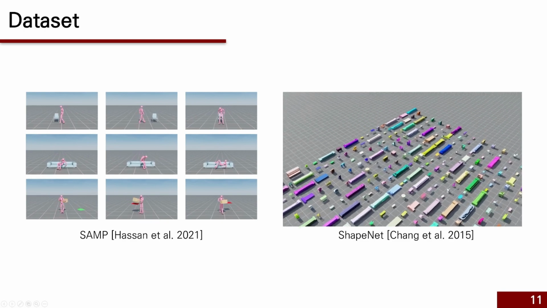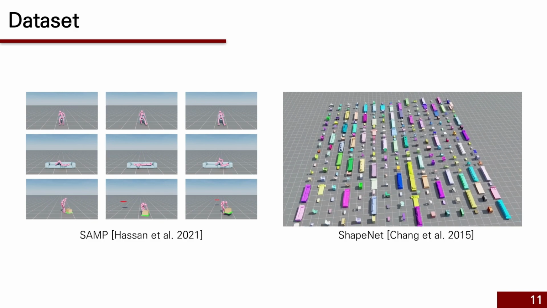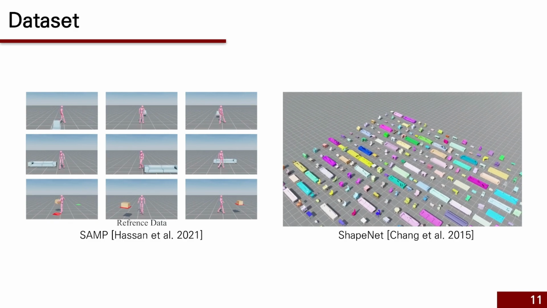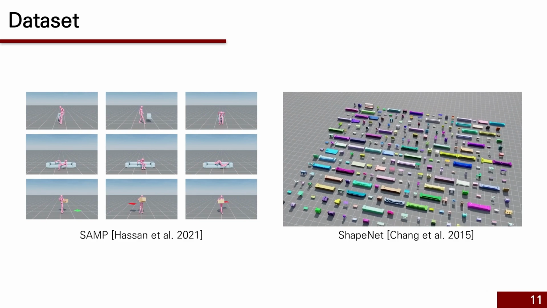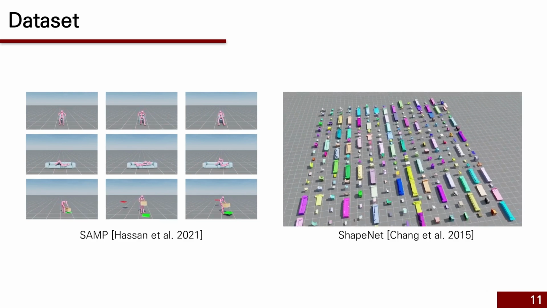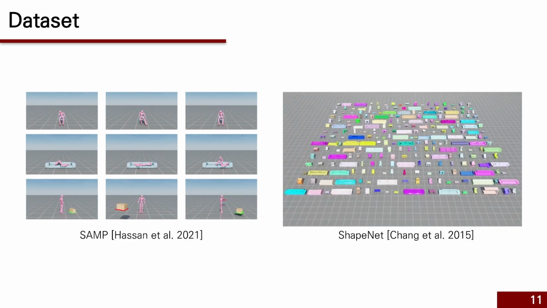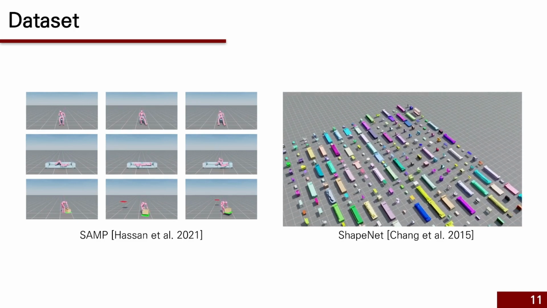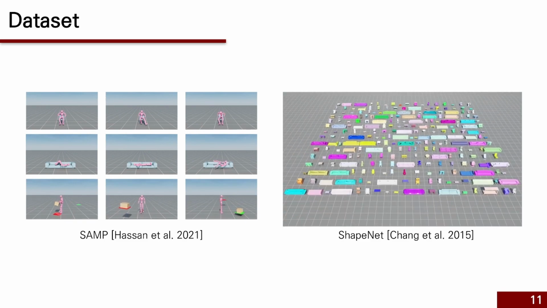To train the discriminator for natural motion, they use a human motion dataset. The SAMP dataset consists of 100 minutes of motion captured clips. They use SAMP for sit and lie down tasks. SAMP originally provided 7 different objects, but the authors extended this by using 350 different objects from the ShapeNet dataset.